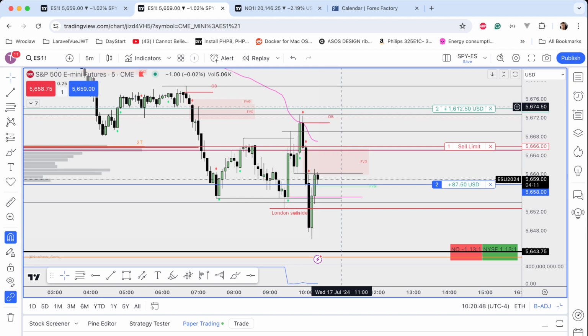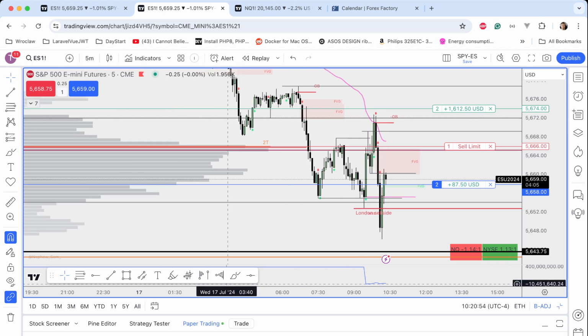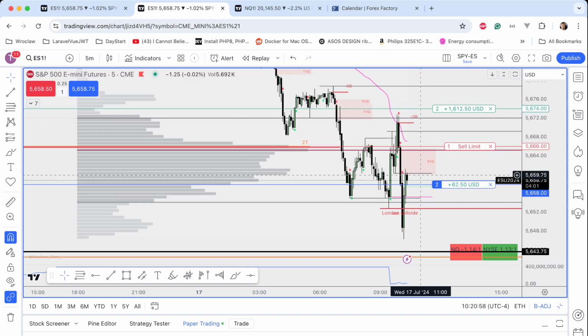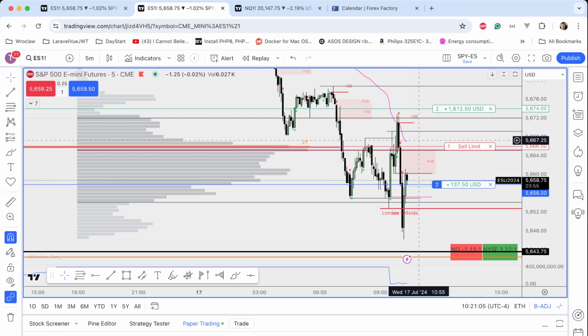They have collected liquidity. Look how much liquidity they took. This whole thing, this whole drop, this whole buying from the open drop. They collected everything and now we're going up.